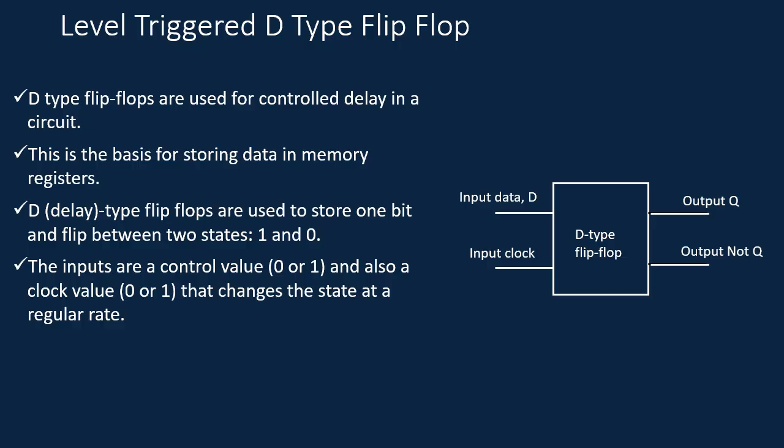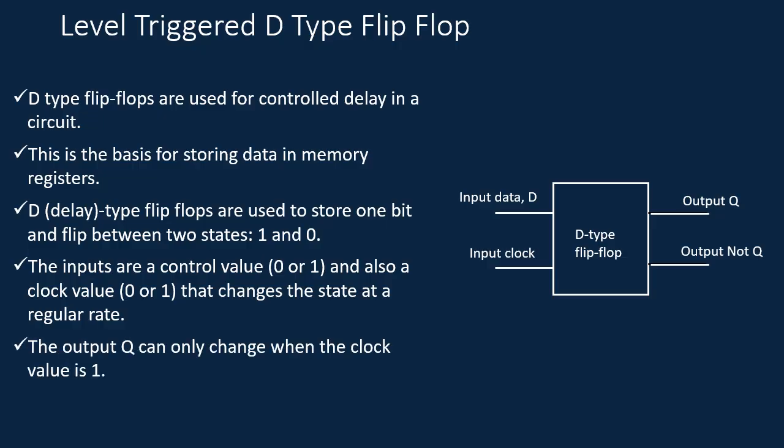Now the inputs are controlled by a clock value that changes the state at a regular rate between 0 and 1, and the input data that we are wishing to store, the value that we wish to delay.